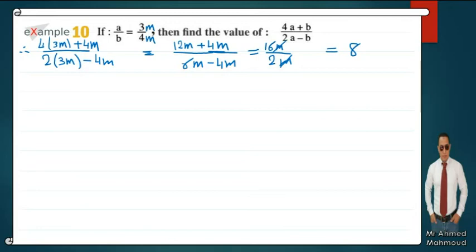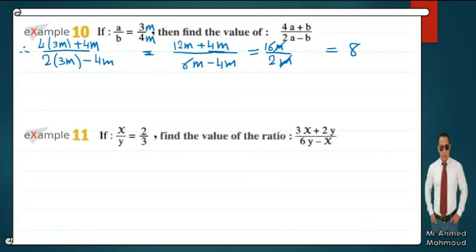Another example. Example 11. Here we have x over y equals 2 over 3. Find the value of the expression (3x plus 2y) over (6y minus x). Okay, x here equals 2m and y equals 3m.